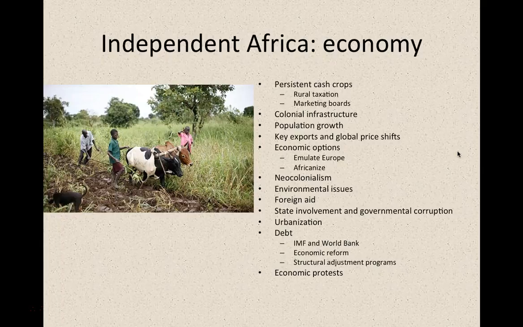The best example here is probably Mobutu in the Congo, who used all of the money that he gained from being really the only broker of all of the rich resources the Congo had to offer to the international community, and through really high levels of taxation, through the control of the vast majority of resources, Mobutu was able to achieve a vast personal fortune, built a massive palace for himself in the middle of the jungle, built an airstrip large enough to accommodate the Concorde, the supersonic jet built by the French, which he would then rent from Air France frequently so his wife could go on shopping trips to Paris.